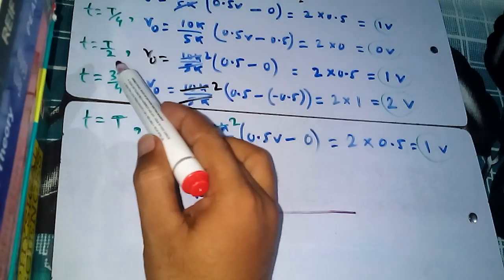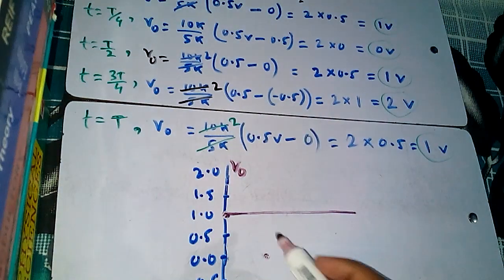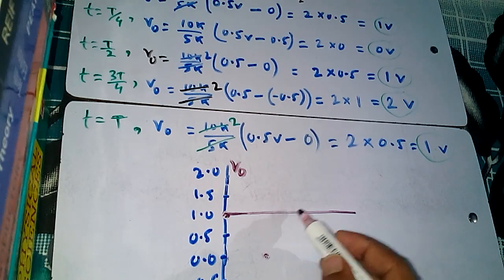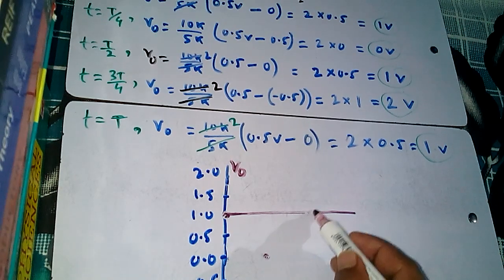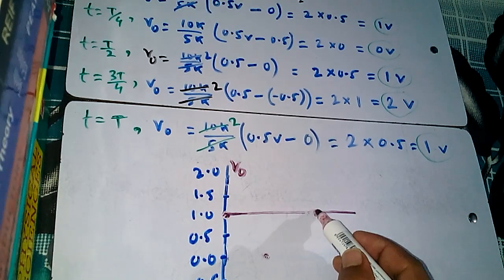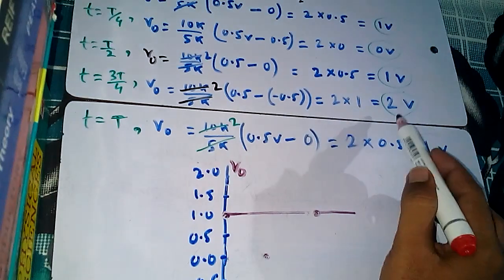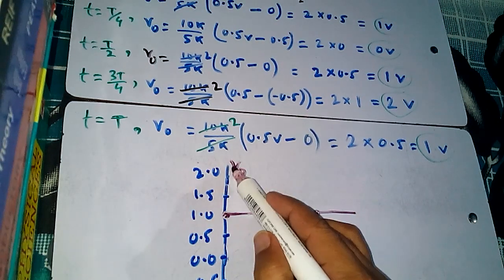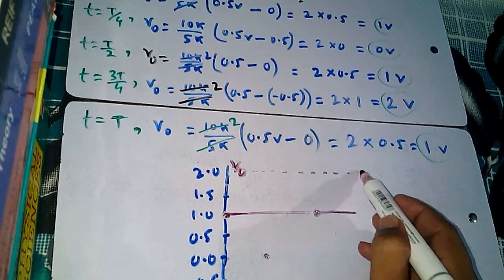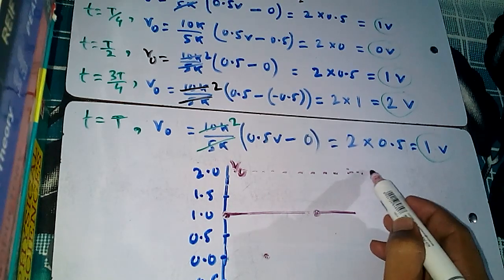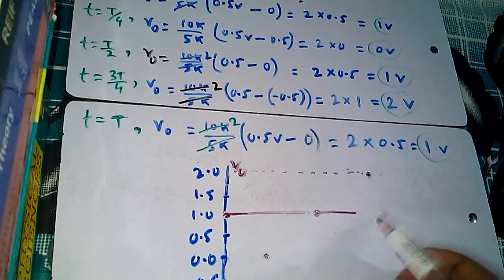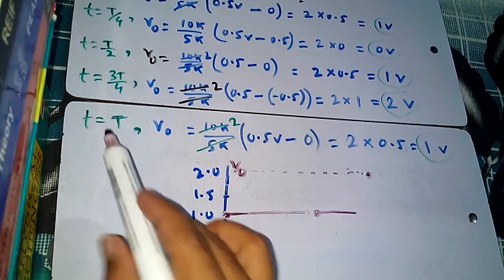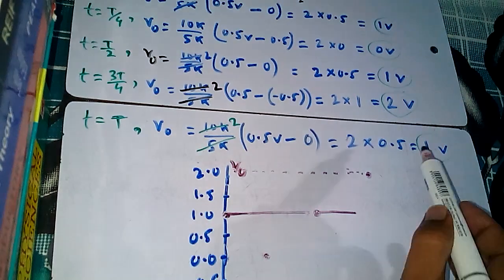And then at T by 2 the output is 1 volt, and this is 1 again. And then at 3T by 4 the output is 2 volt, this point. And finally at T we have 1 volt again.